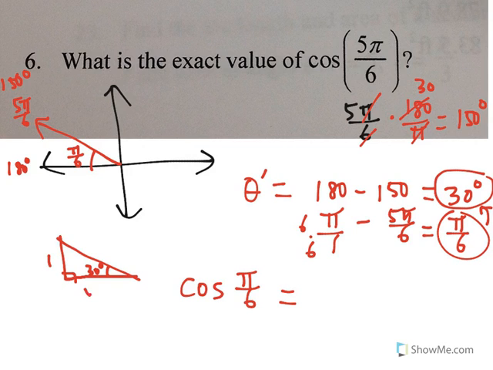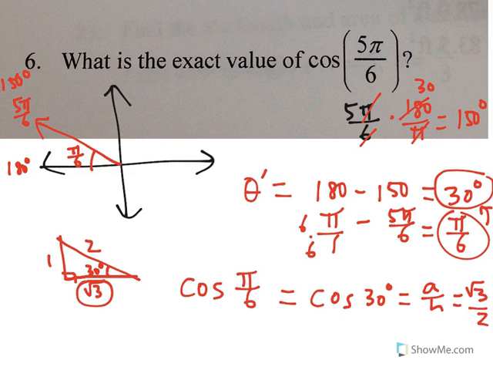So that would be a 1, radical 3, and 2 ratio. And so the cosine of pi over 6 is equal to the cosine of 30 degrees, which is adjacent over hypotenuse. So that is actually radical 3. Adjacent to the 30 degrees is radical 3 over hypotenuse is 2.